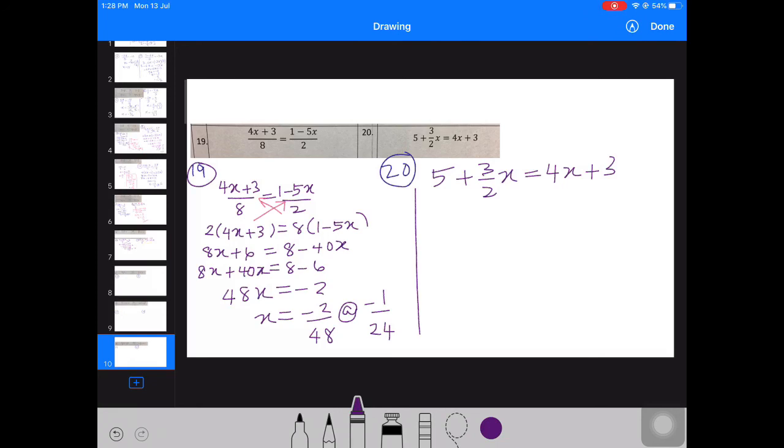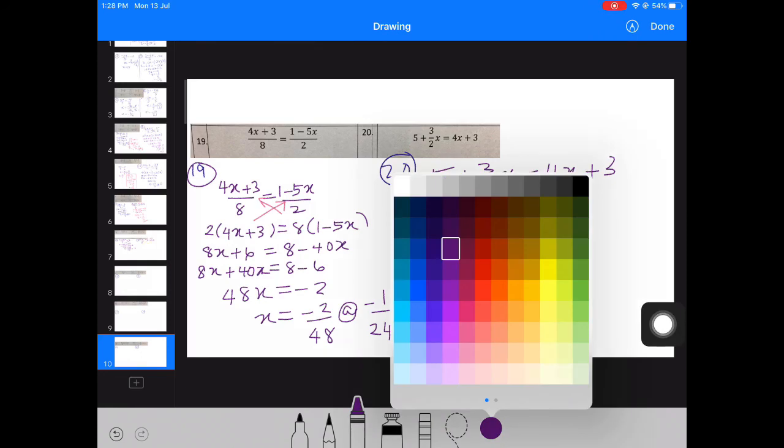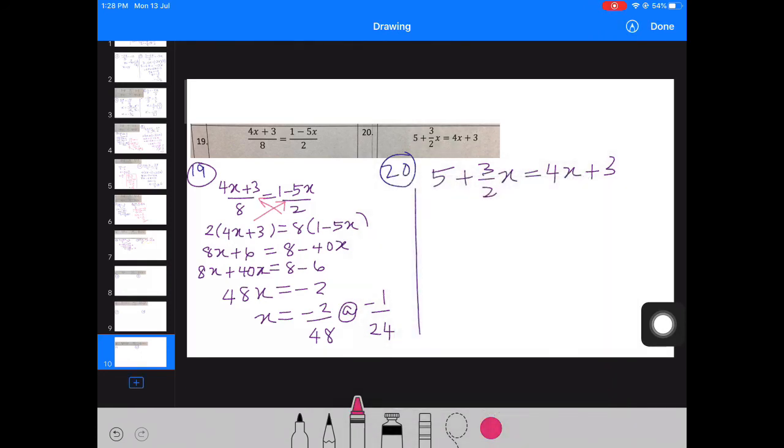If we want to get rid of the fraction, here we have fraction 3 over 2, we have to multiply by 2 so that we can cancel off the denominator 2. So remember, if you multiply 2 for one term, the other terms also you have to multiply by 2. What happens if we do that?